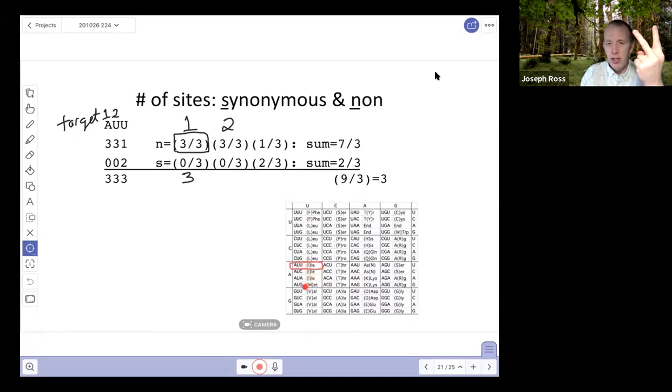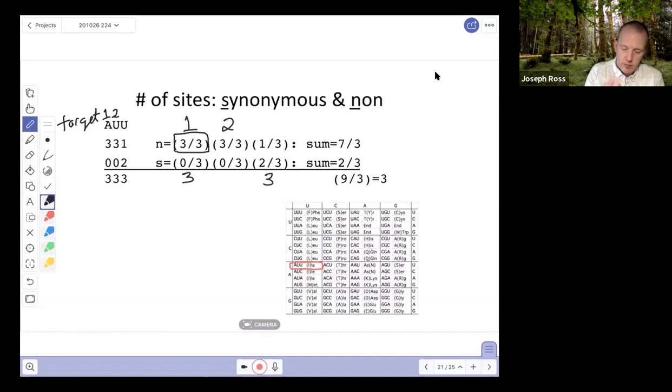But U to G encodes methionine, which is a non-synonymous mutation. So 2 of the 3 possible changes are synonymous, and that's why we add them to the synonymous line here. And 1 of the 3 was non-synonymous. So again, the total for that is 3 different possible nucleotides at position 3.